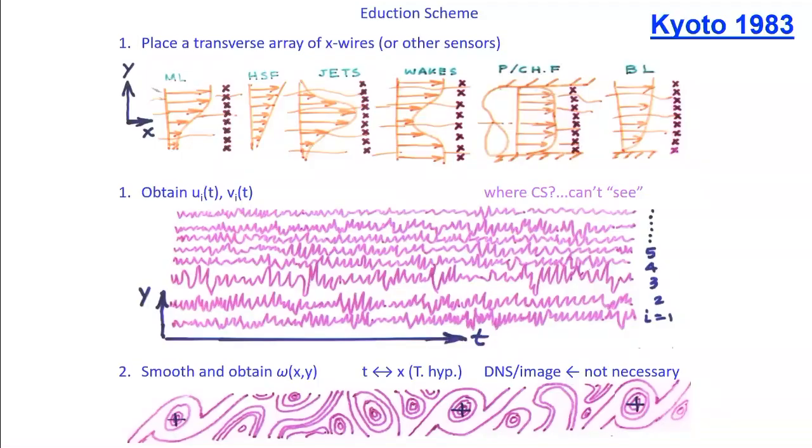Even in simulation, if I measure velocity, this is what you get, which is apparently random. But then if you go another step and smooth out and compute vorticity, which I will address in more detail later, you will see that there are many vortical structures of different sizes, orientations, and strength, right?